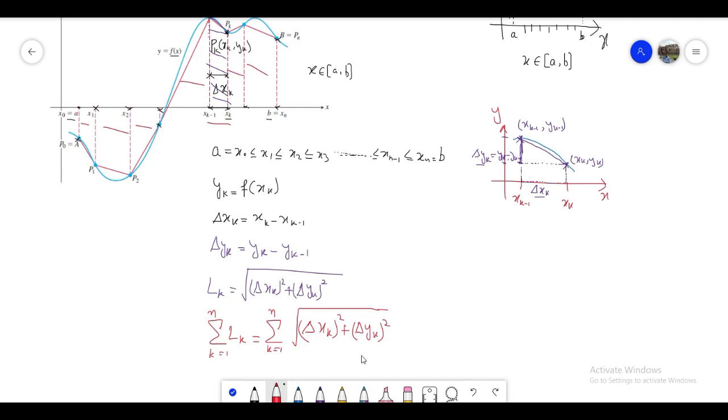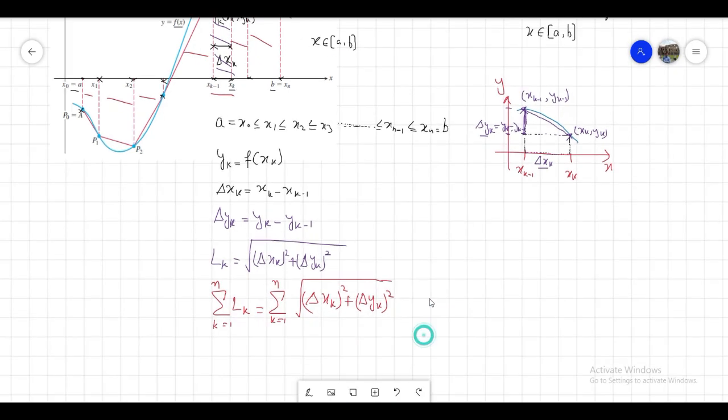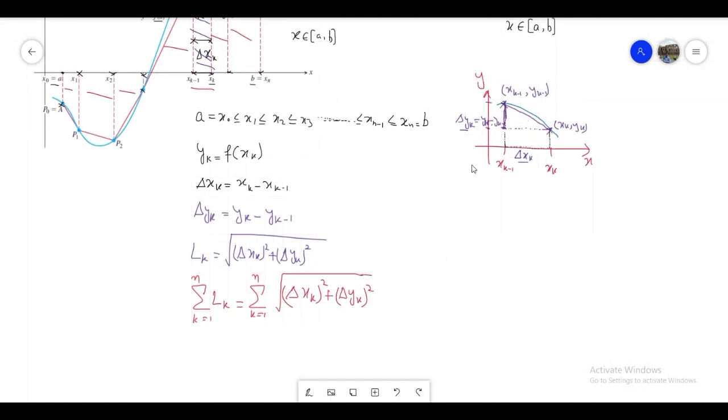So by the mean value theorem, we know that this delta y, the change in y divided by the change in x, is basically the first derivative, f dash of any point, f dash of ck. So of course, if this is evaluated at some point c somewhere here, this is f dash of ck.